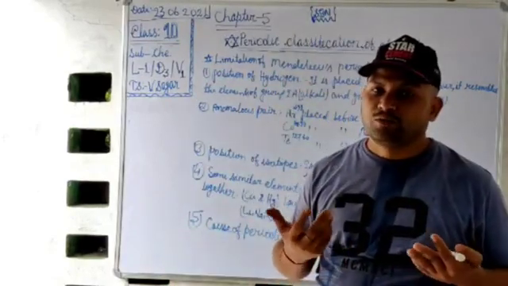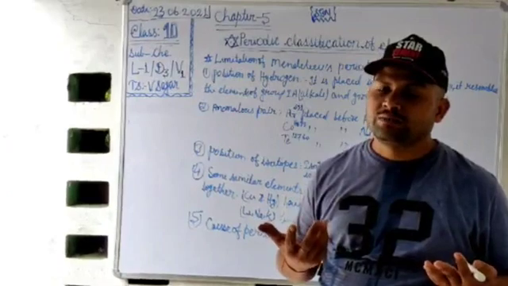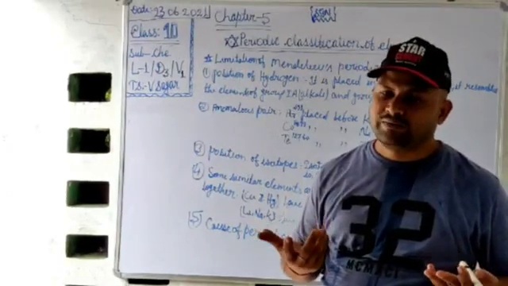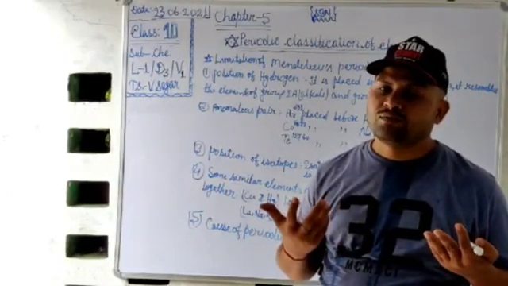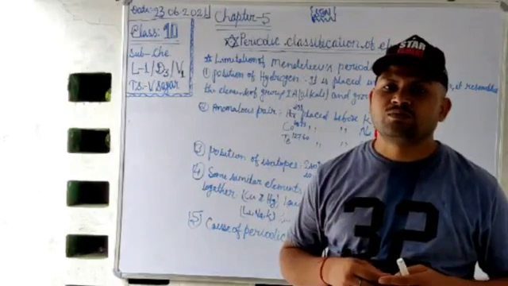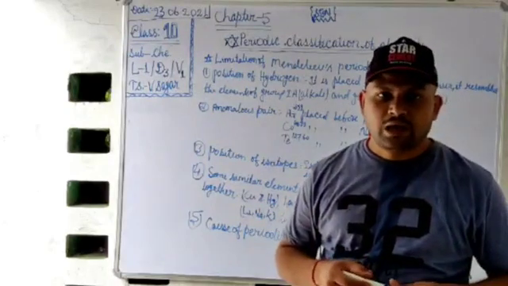Even the properties of hydrogen are similar to the properties of alkali metals as well as the properties of group 7 elements.